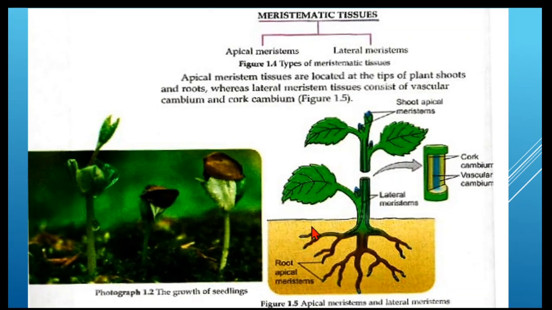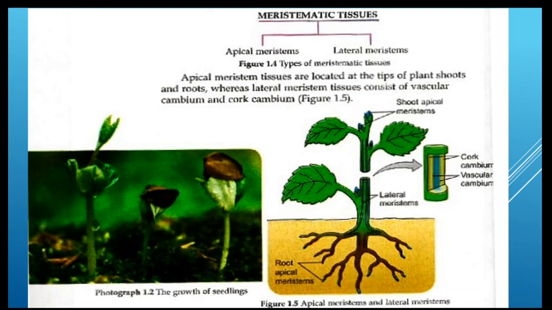That is the apical meristem. Whereas lateral meristematic tissue, okay, is in the stem. It consists of vascular cambium and also cork cambium.